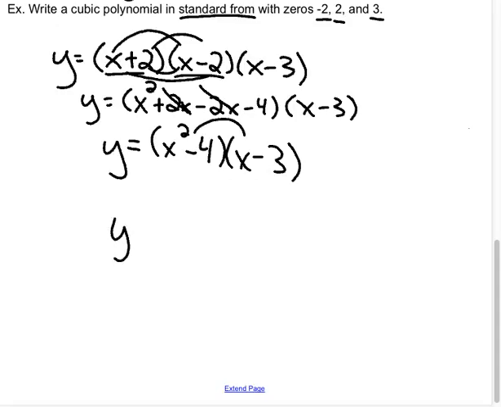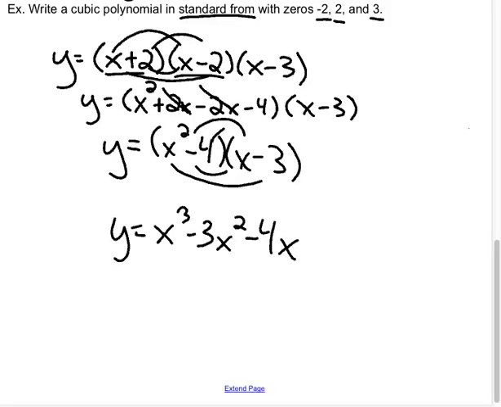So here, that's going to give me an x cubed, because x squared times x escalates it up to x cubed. Then I have minus 3x squared minus 4x plus 12. And this time, I don't see any like terms I can combine.